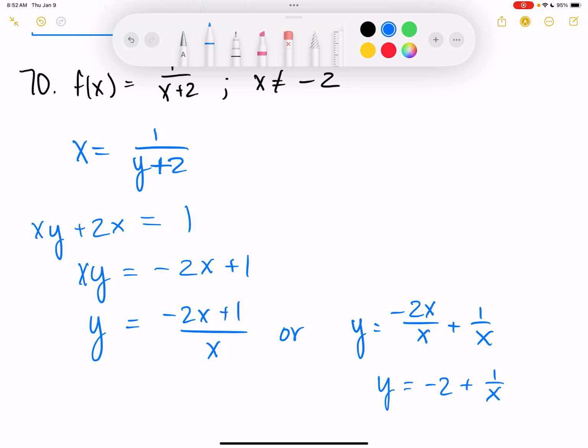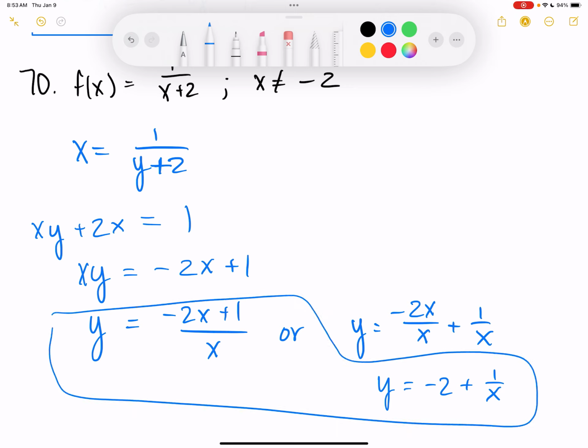Either of these answers is fine. They are both the same thing. It's just two different ways to write it. I would go back and forth personally on which way I would write it. It would just depend on how I'm feeling that day, being honest.